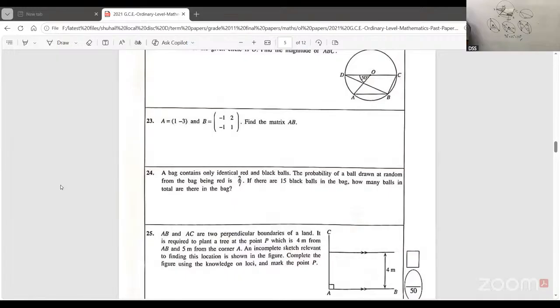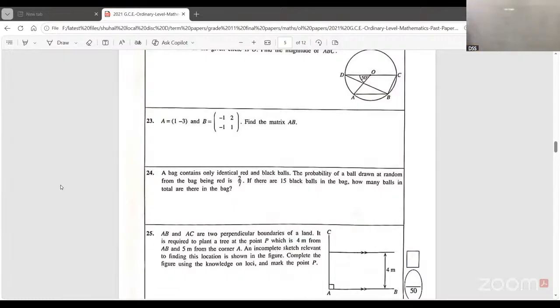A bag contains only identical red and black balls. The probability of a ball drawn at random from the bag being red is 2/7. If there are 15 black balls in the bag, how many balls in total are there in the bag? Although it looks like a probability question, actually this is a fraction question.